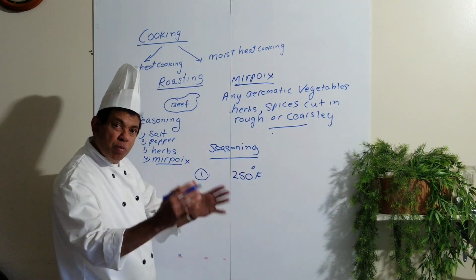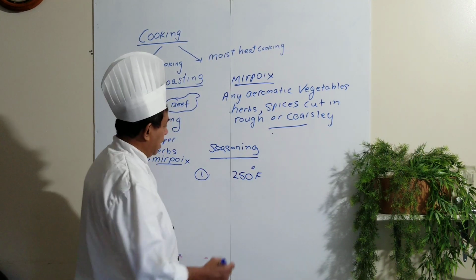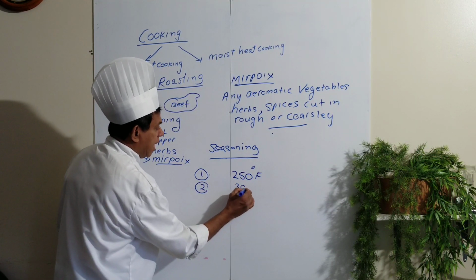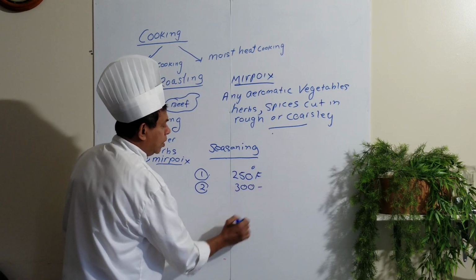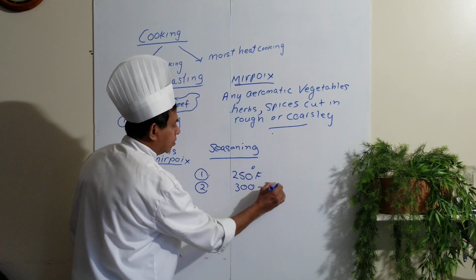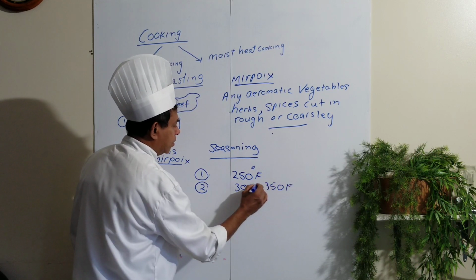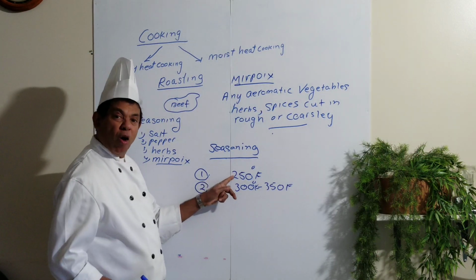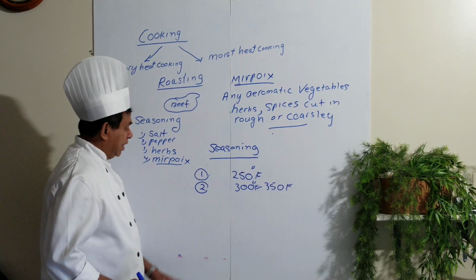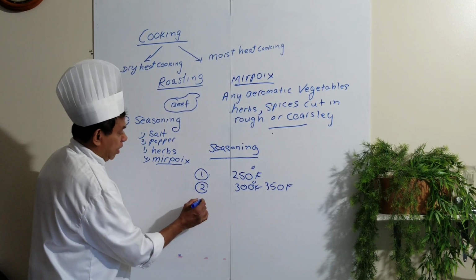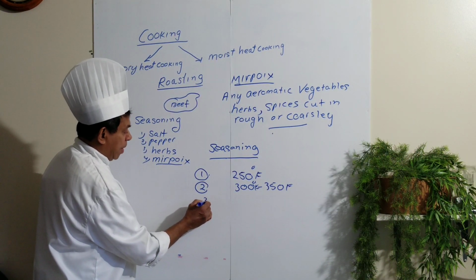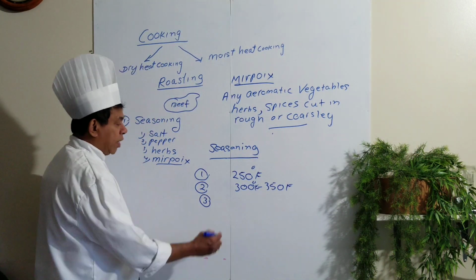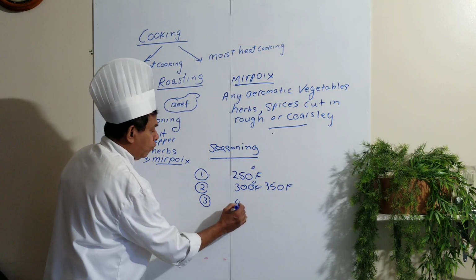If it's a little bit smaller, 10 pounds, as number 2, you can put 300 to 350 Fahrenheit, if it's smaller than 30 pounds. Then, as number 3, if it's a very small one, you can cook it at 400 degrees.